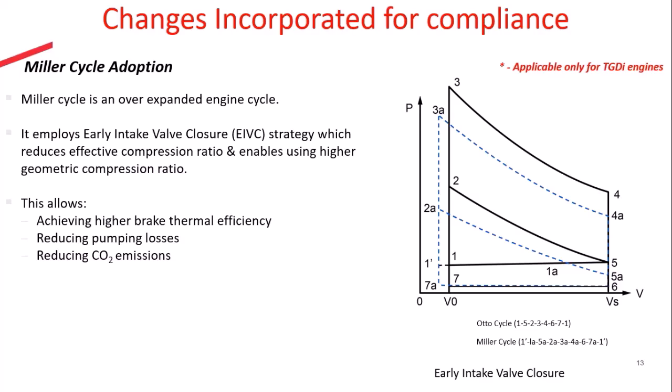The air that was trapped inside eventually expands, and after that it's all the conventional portion, so there's nothing different to be said there. The major change for the Miller cycle is from 1A to 5A. Since we are closing the intake valve early, the volume of air sucked in is reduced.